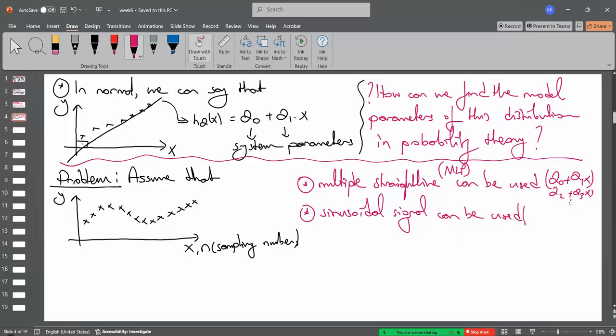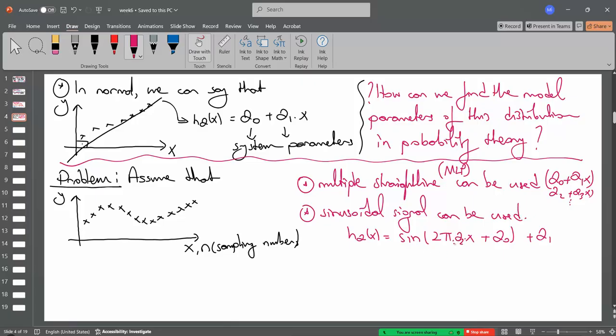This can be used, but how? For example, the model may be represented with h theta of x equals sin of theta 0 plus theta 1 f x, and we can assign a new parameter instead of f, theta 2.